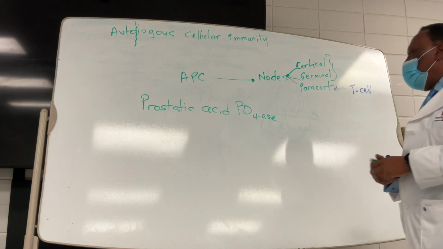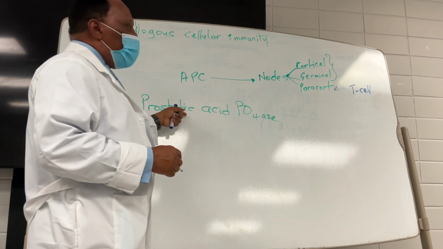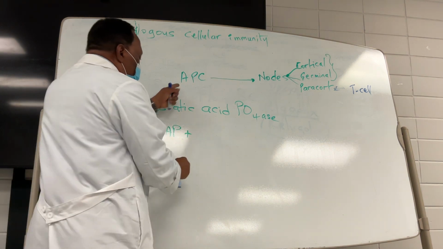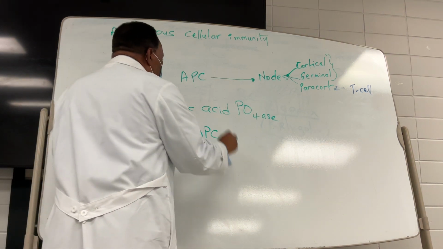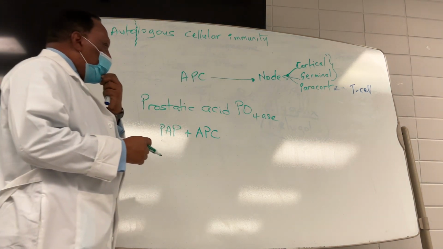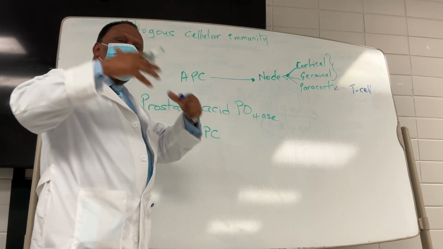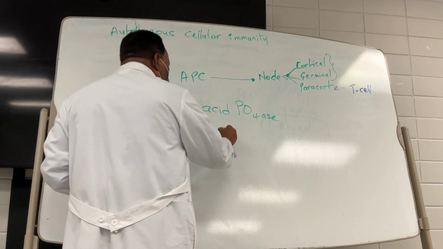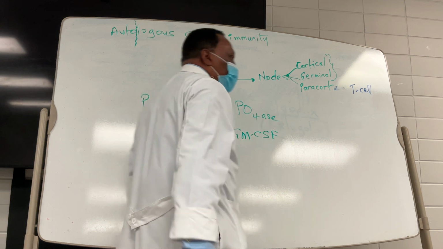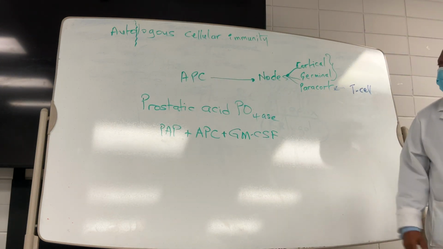All right, so if you take this PAP and you incubate it with that APC, the antigen presenting cells, and then you want that combination to grow very well, you incubate that with your GM-CSF, your colony stimulating factor.